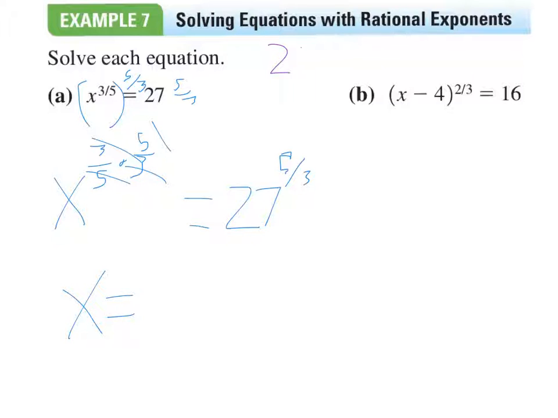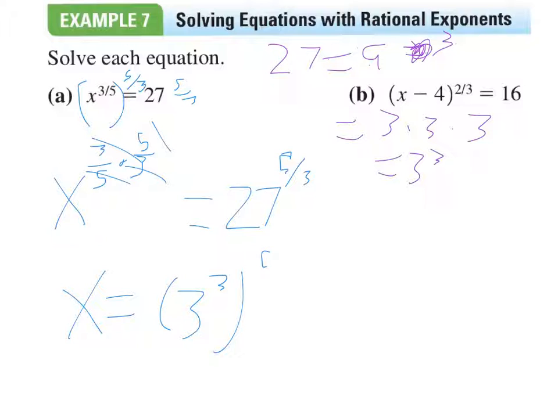Now remember, 27, if you want to factor it down, equals 9 times 3. 9 factors down to 3 times 3, so that's 9 times 3, and then 3 times 3 times 3, which would be 3 to the 3rd. So instead of 27 raised to the 5/3, it'd be 3 to the 3rd, raised again to the 5/3.